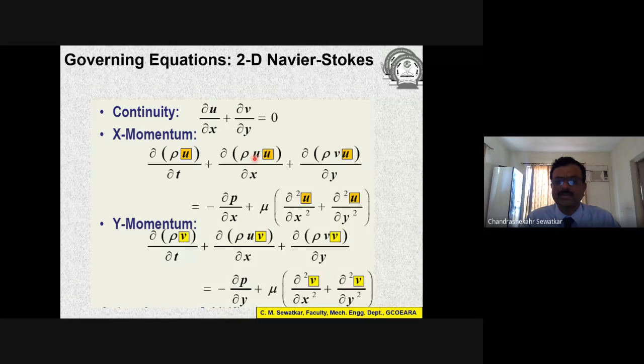So one velocity is forcing the other velocity to move. That's the concept of convection. And in the y momentum equation, v is a convected variable. So the y momentum is being convected, and the y momentum is generated by the v velocity. So this is my y momentum equation.